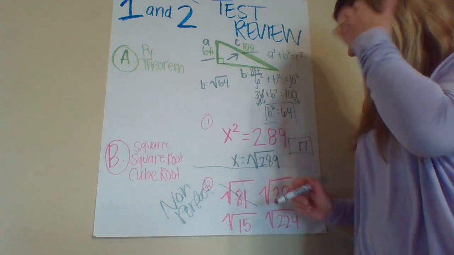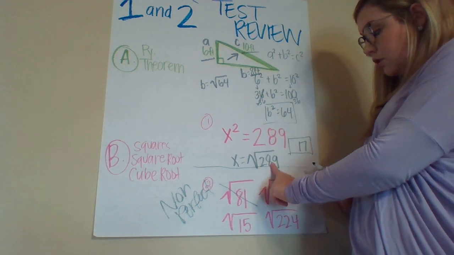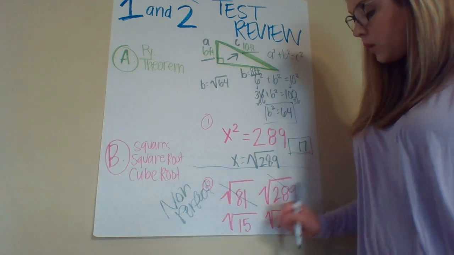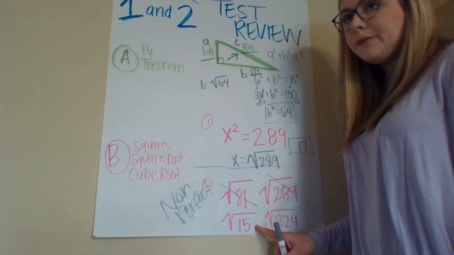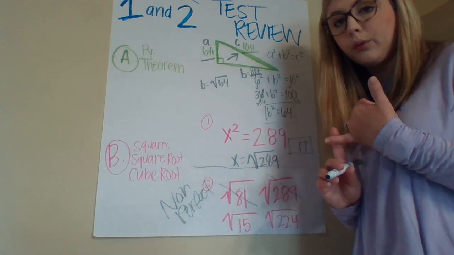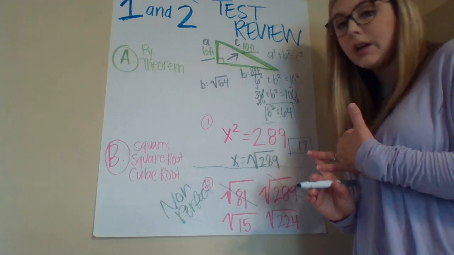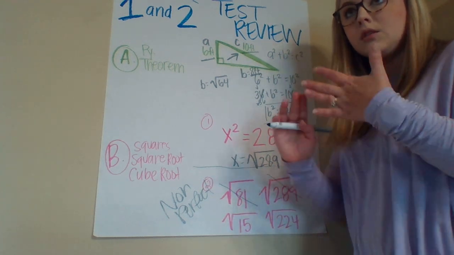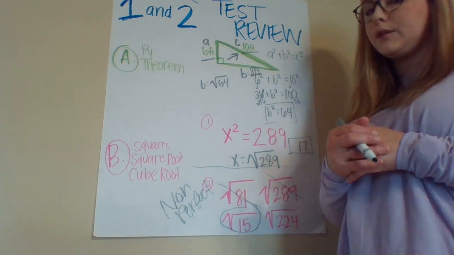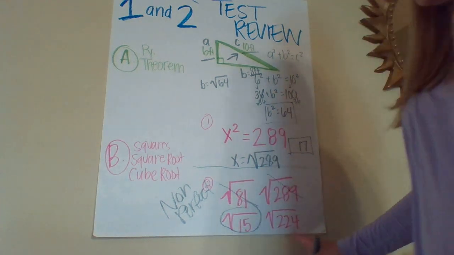We just did this one, and we know that 17 times 17 is 289. The square root of 15 is small enough that you can guess and check your multiplication facts. 3 times 3 is 9, 4 times 4 is 16. So we've passed up where we need to be. 15 is not a perfect square. So if you were searching for perfect squares, that would be one.